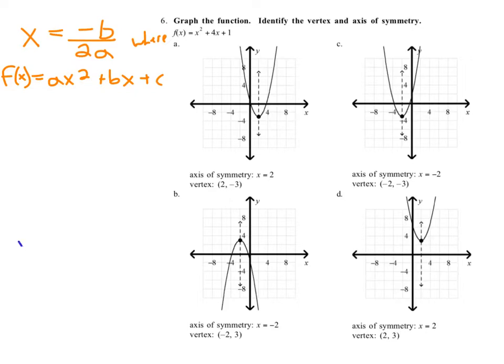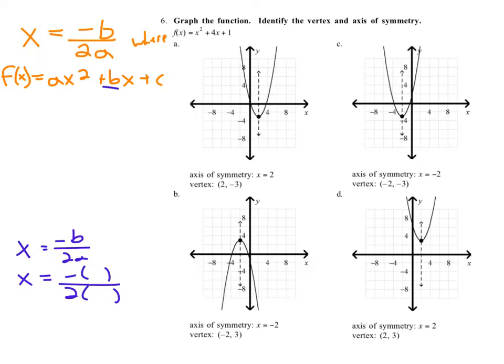So if x equals negative b over 2a, then x equals the negative of whatever the b value is, over 2 times whatever the a value is. And what is the b value? The b value, as you can see right here, is in front of the x term. Don't say it's 4x, it's just the 4.